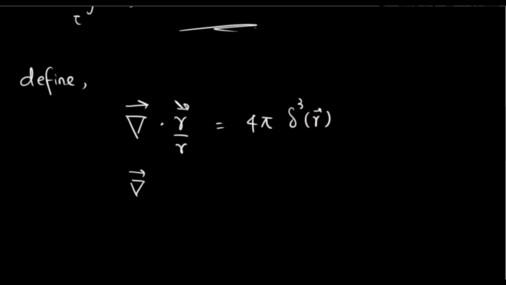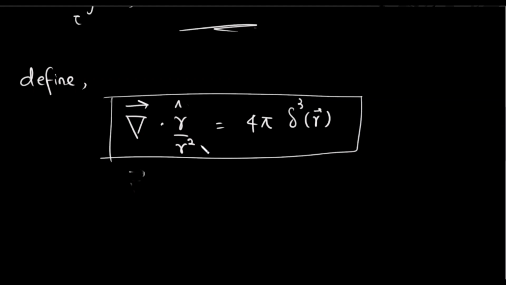I'm really sorry, I made a mistake here. So this should be divergence of r hat over r squared, and this is going to equal 4 pi delta cube (r vector). This thing should be remembered, because it can be applied for the examples that we are going to consider.